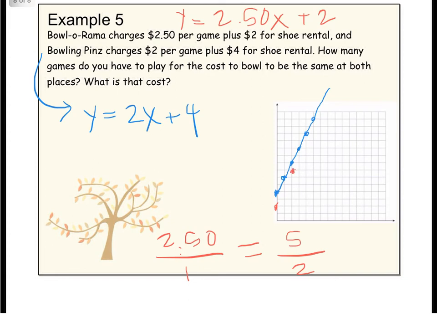You'll notice that it's close already, but not quite touching. Up 5 over 2. Now when I did it that way, I could see that they crossed right here. If they hadn't, I would have gone back and added more points in on my pink line just to see where they crossed. So in this case, it looks like they had to play 4 games.